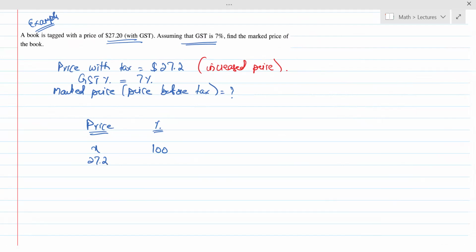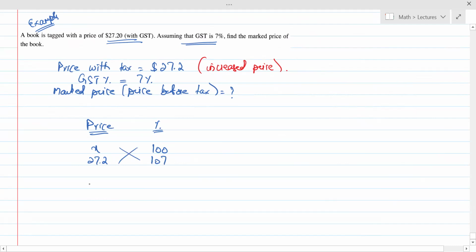Increased price means it's including the tax percentage. So since it's an increased price, it should be written against the increased percentage. So increased percentage means 7% was the GST for us. That means it represents 100 plus 7, which is going to be 107 here.